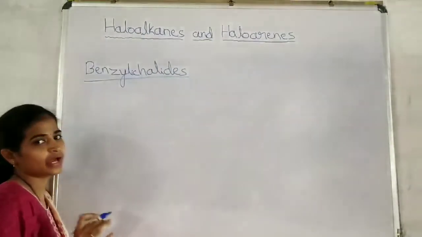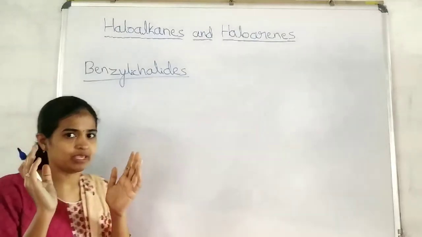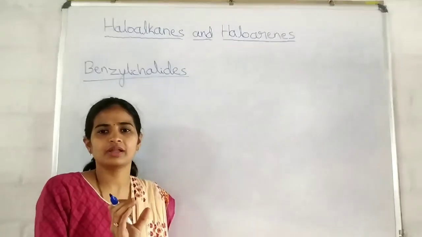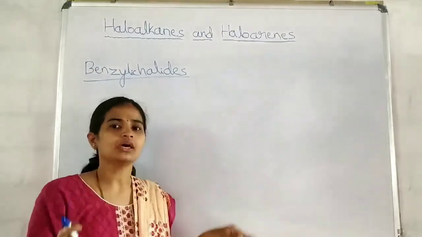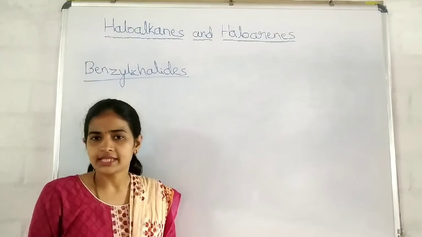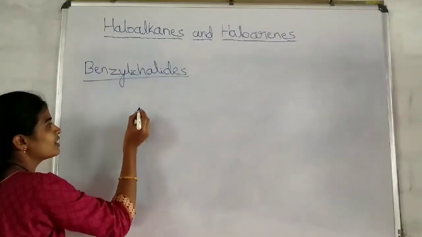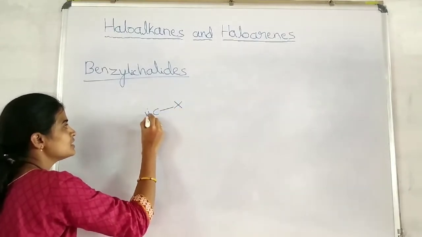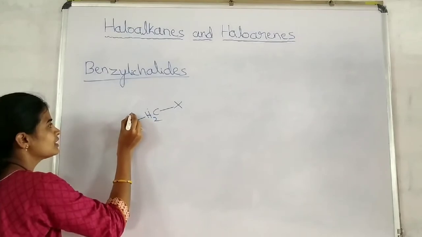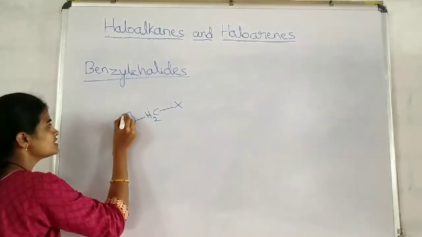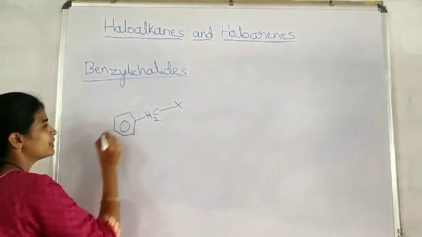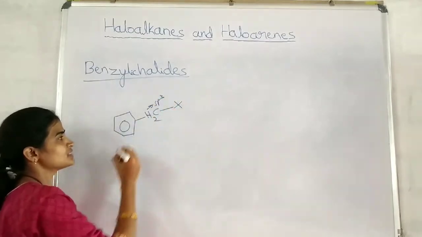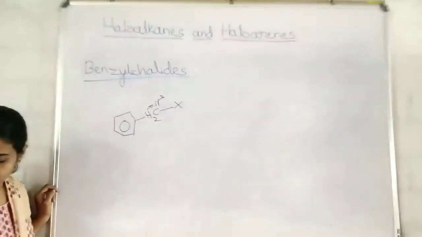The type of halides in which, listen to me carefully, the halogen atom is attached to an sp3 hybridized carbon atom which is further attached to the benzene ring. Is that clear?